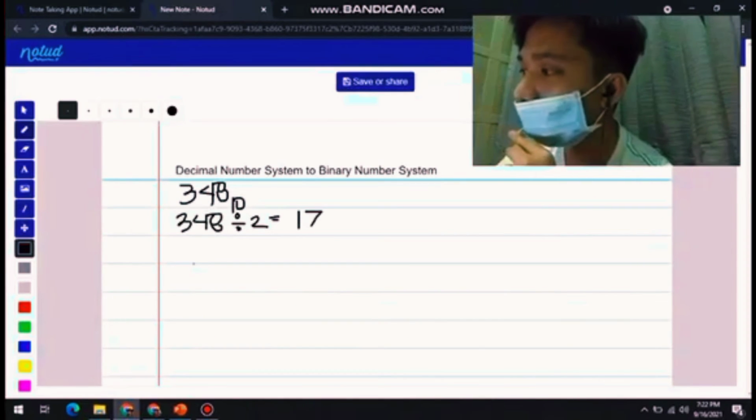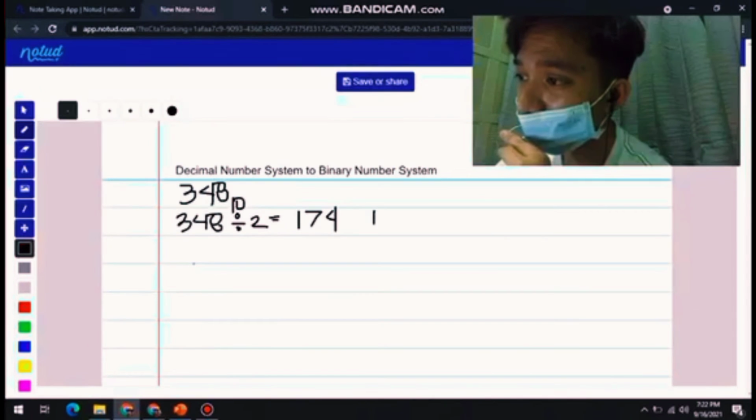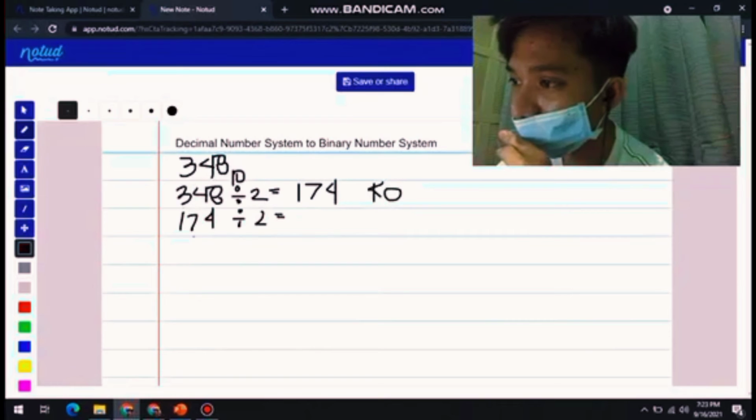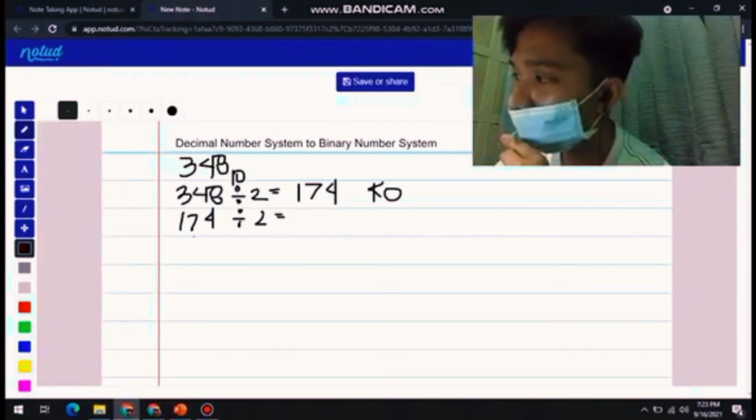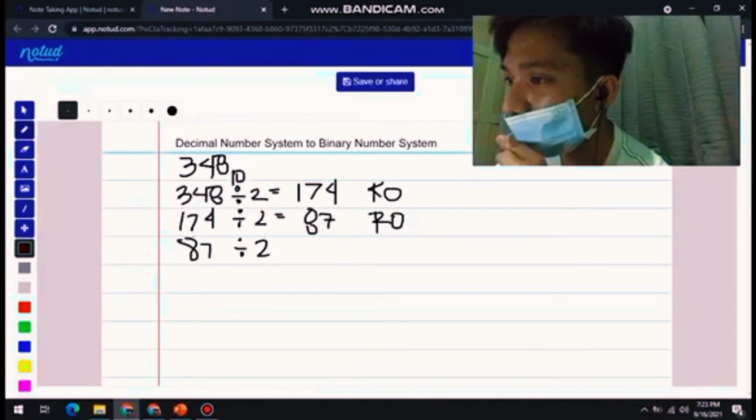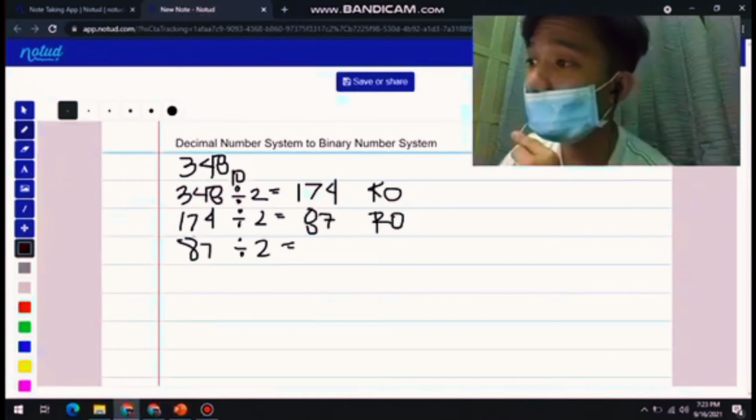So we will have the quotient of 174 with no remainder. Let's continue to divide it. The quotient is 87, still with no remainder. 87 divided by 2, so now we will have a remainder.